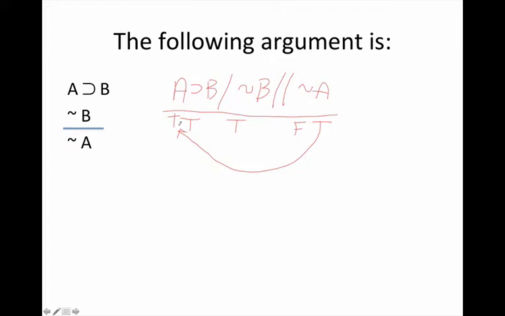So we only know that the horseshoe is going to be true if B is true, right? So let's make B true. But notice, if we try to make B true, we run into a contradiction. We could also generate the contradiction another way.